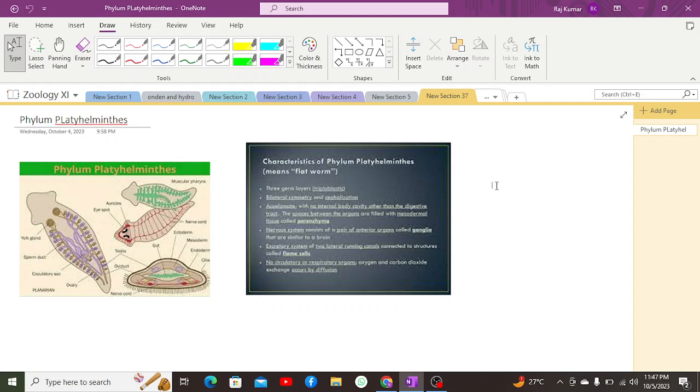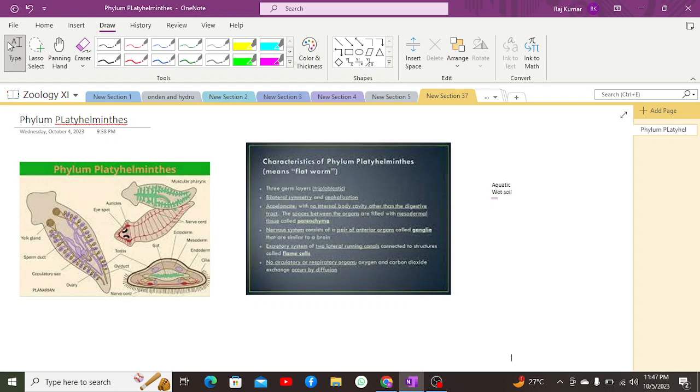Apart from which, they can range in size from microscopic, which includes planaria, to 20 meters long as tapeworms. They usually live in an aquatic environment, but they also live in wet soil.